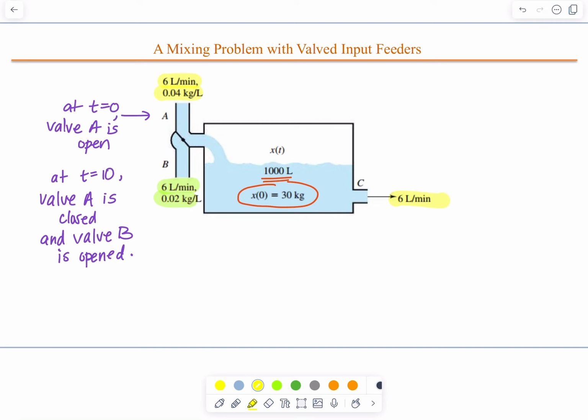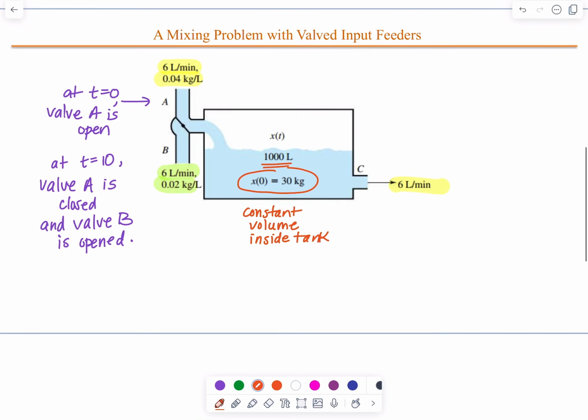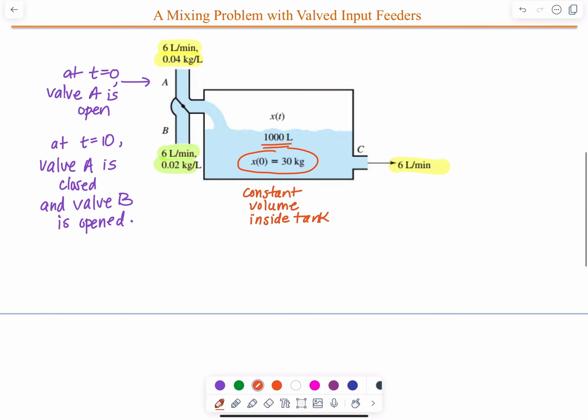So we have a constant volume inside the tank. We will assume that the solution is kept well stirred, and what we are going to be doing is determining the amount of salt in the tank at all times.